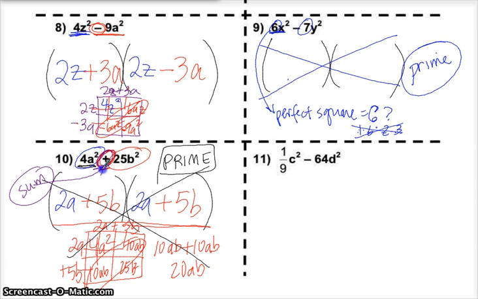This is the sum of two perfect squares, and the sum of two perfect squares is not factorable. Therefore, this is also a prime.